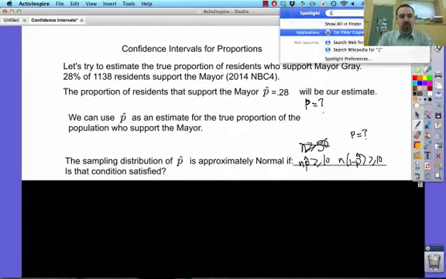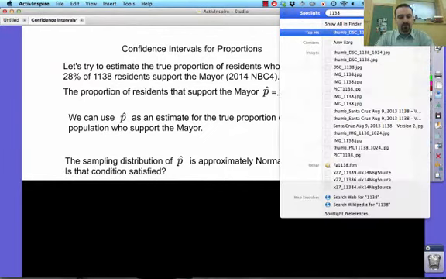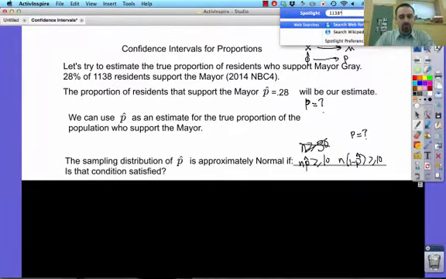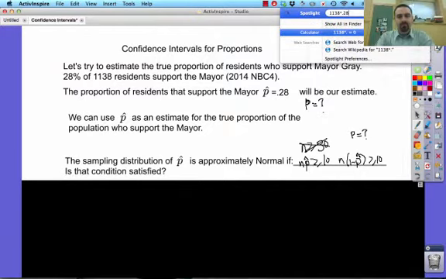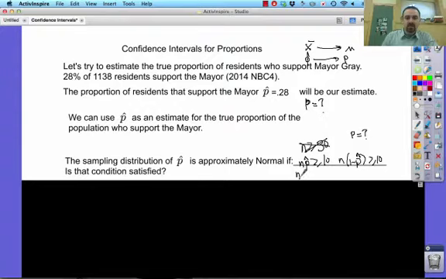We have n, which is 1138, times 0.28. Okay, so 318.6. So n times p hat is 318.6. That's bigger than 10. And now we have to check n times 1 minus p hat.